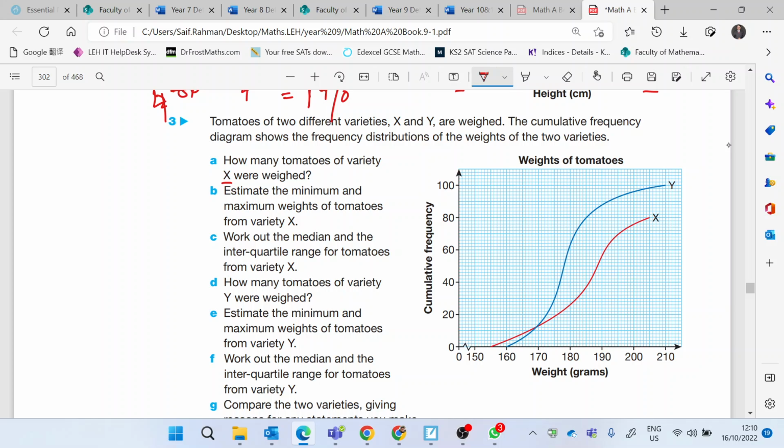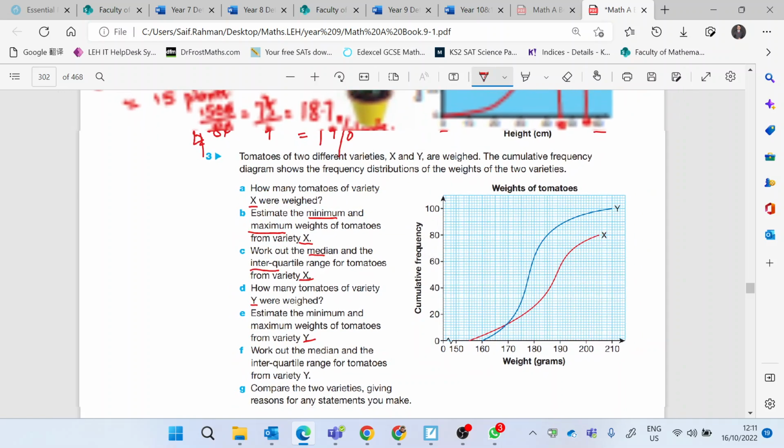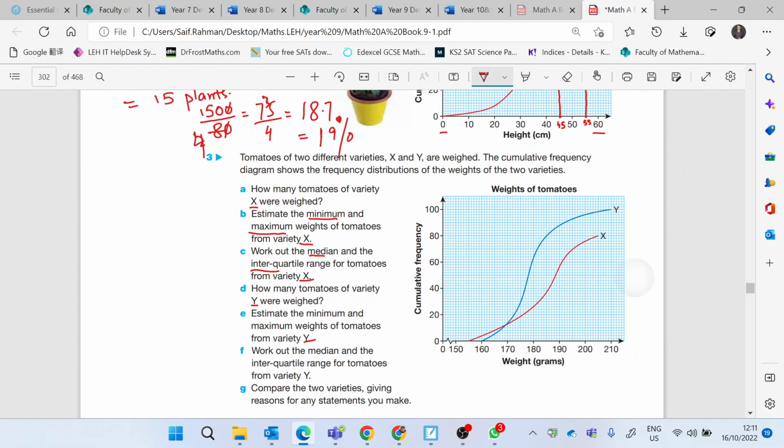And estimate the minimum and maximum weights of tomatoes from variety X. Work out the median and the interquartile range for the tomatoes from variety X. How many tomatoes of variety Y were weighed? Estimate the minimum and maximum of Y and work out the median and interquartile range, comparing them, giving the reasons for any statements which you make.